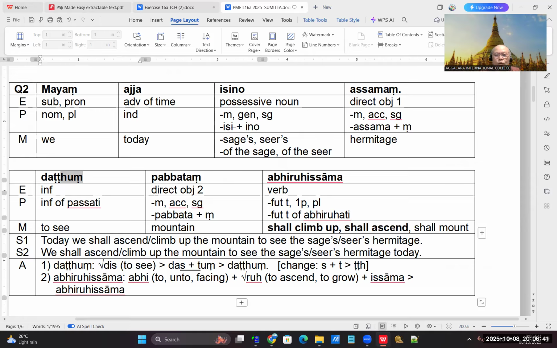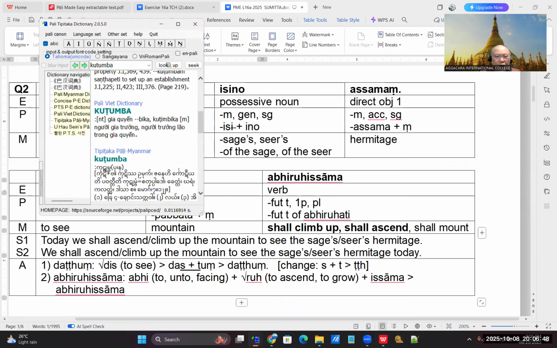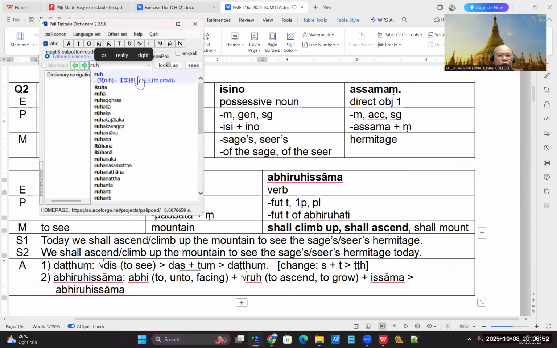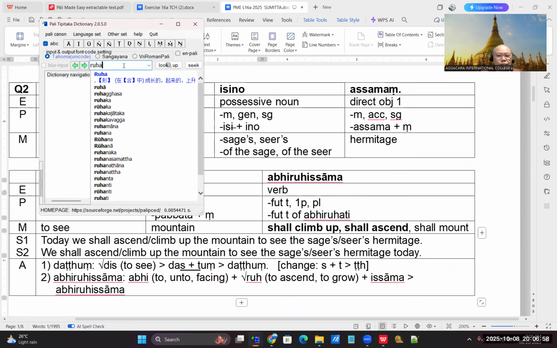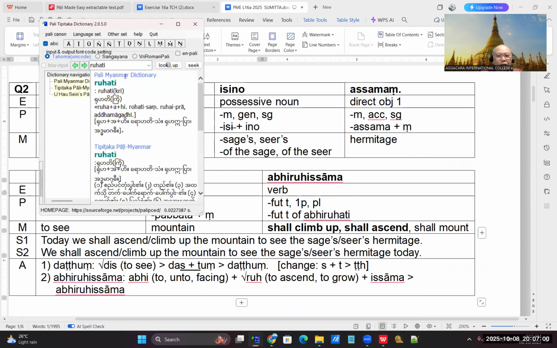By abit rule, he sama. Now, this rule we've seen already. This rule I think only has one meaning: climb. Besides climb, another one is grow, ruhati.